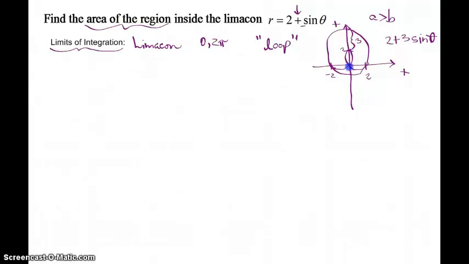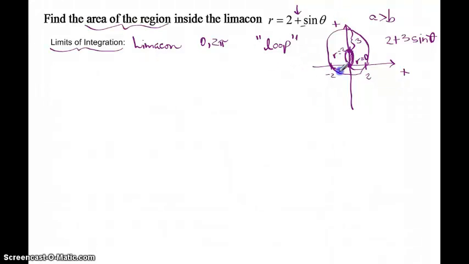But you get the idea that we could find, based on the fact that this end of the loop is where r equals 0, and this end of the loop would be where r equals 2, the angle measure starting at theta equals 0 and find out what the theta measure is when r equals 2, and that would be half the loop, and then we could take 2 times that.